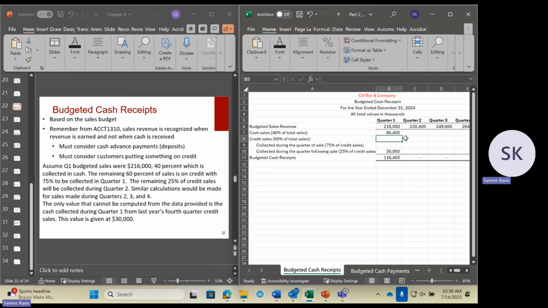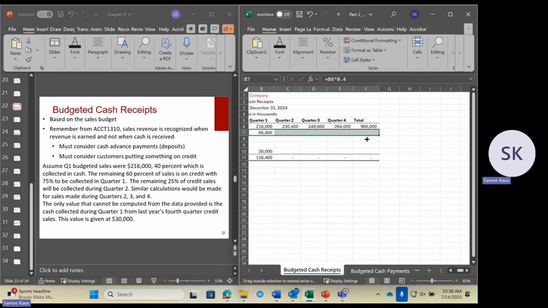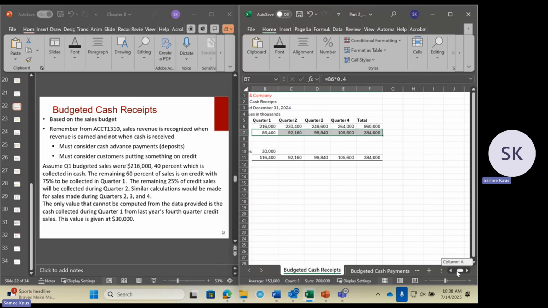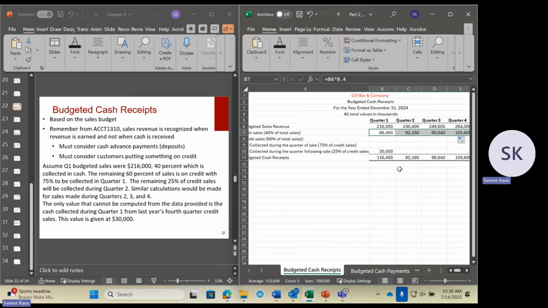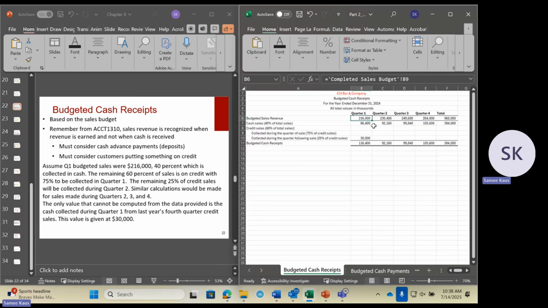And that's during the quarter of sale. So they're going to say I collect 40% of my sales directly in cash. They give me cash that day. So that means of my $216,000 in revenue in Q1, I am not collecting 60% of it in that quarter, right?